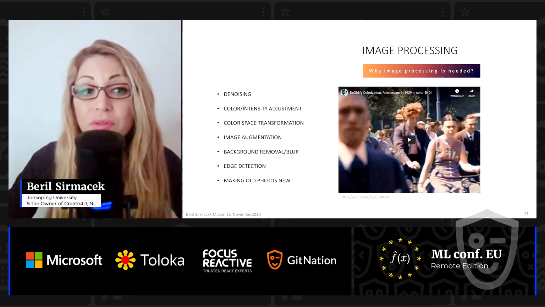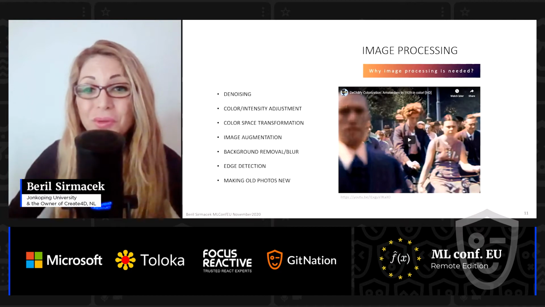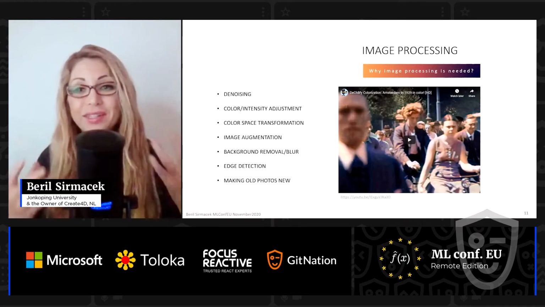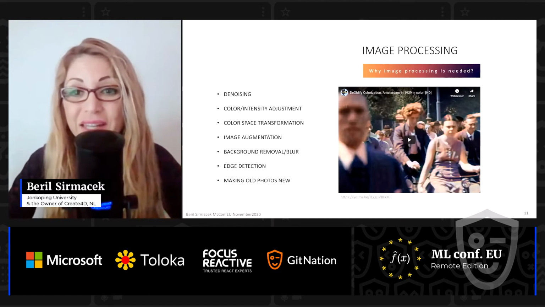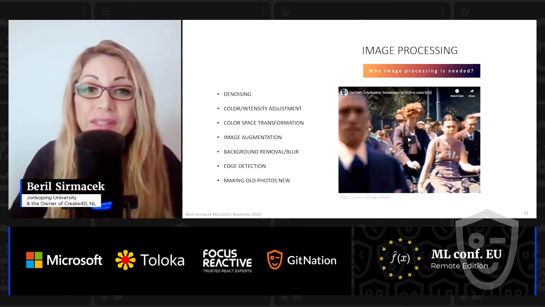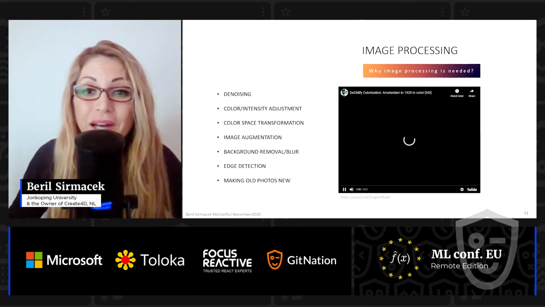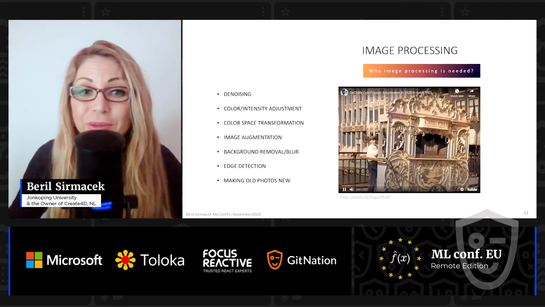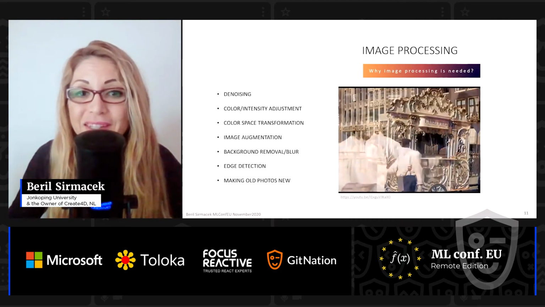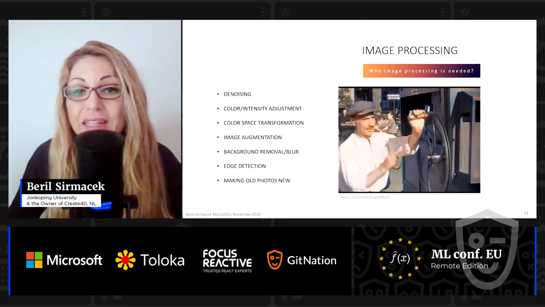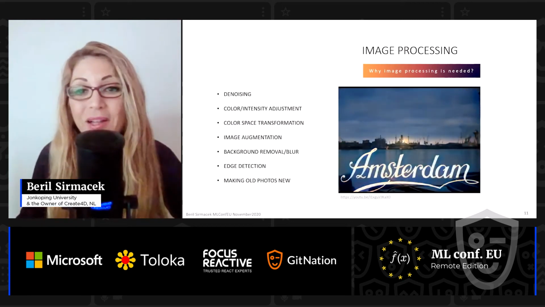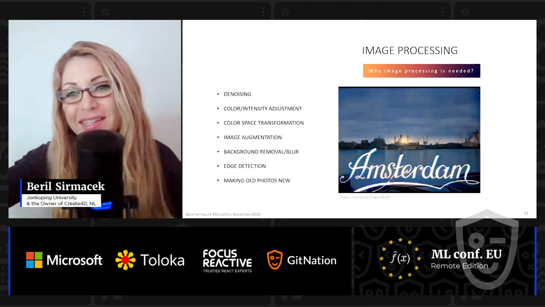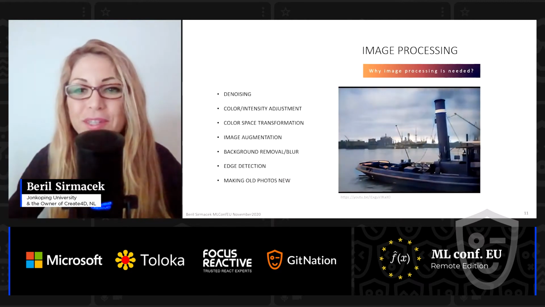And also you can make old photos new by guessing what colors they should get. And there's an example of looking at old videos colored. This is a result of an image processing algorithm, where image processing is applied to each frame of the video.